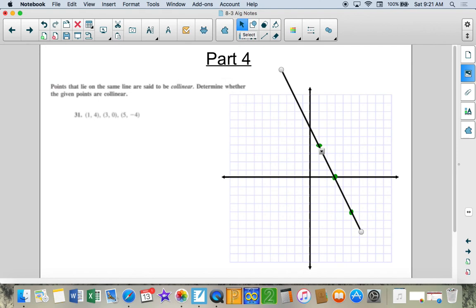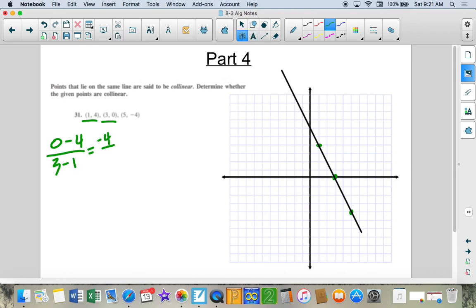So one way is by graphing. That is the easiest way, but when we get points that are super far away, another technique is to find the slope between those 2 points. So it's going to be y sub 2 minus y sub 1 over x sub 2 minus x sub 1.